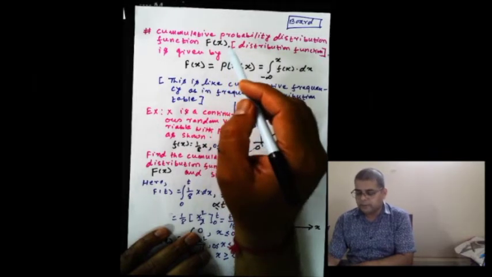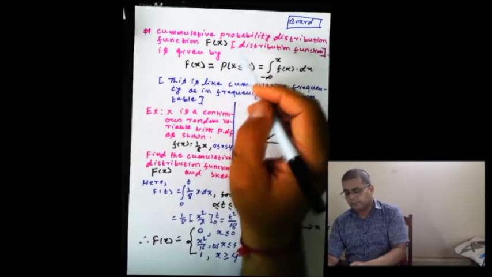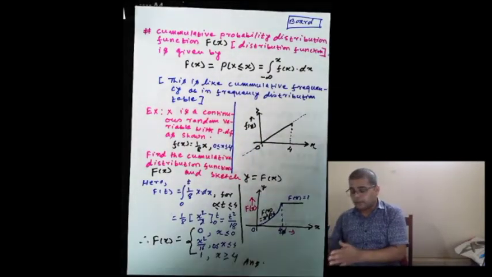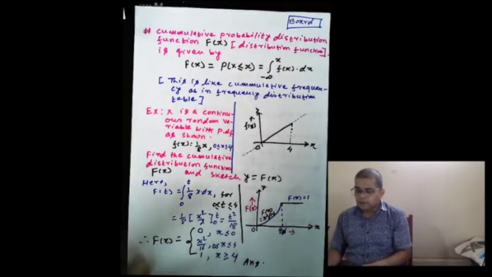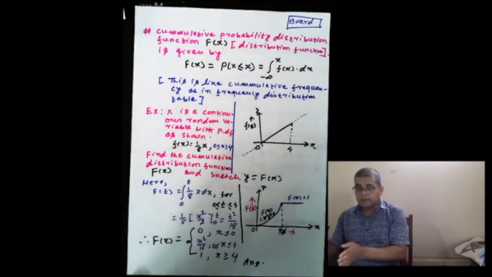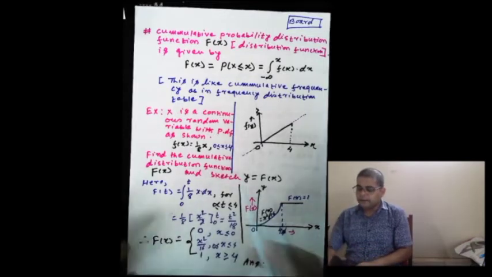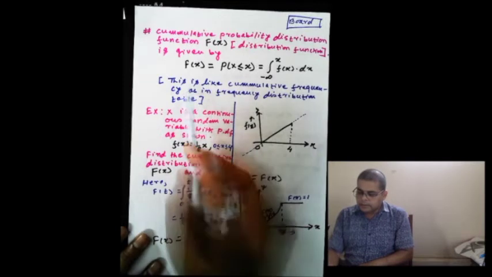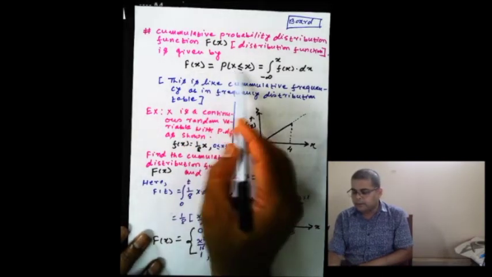Cumulative probability distribution function is just like you add up the probability one by one up to the given extent, but not as a whole at that time. It may or may not be the whole probability. So cumulative means you keep on adding probability within the given range of values of x. You can see here F(x) equals P(X less than or equal to x).